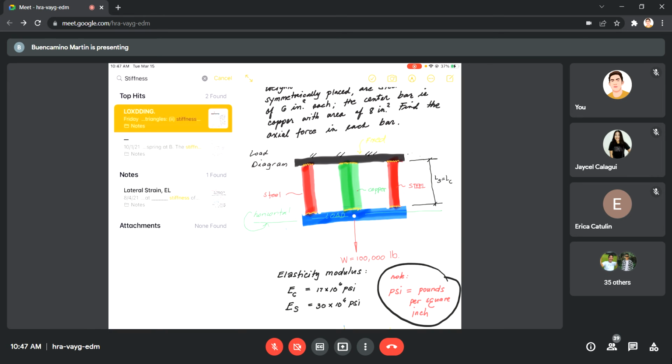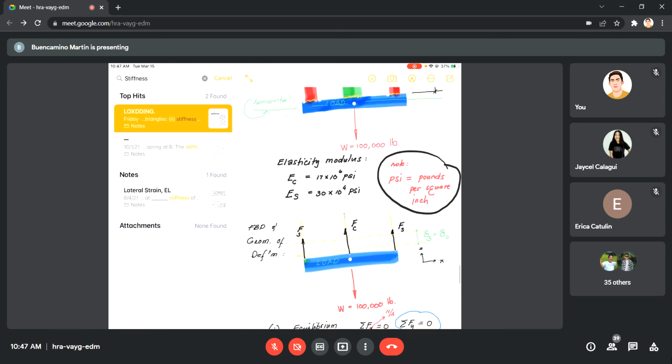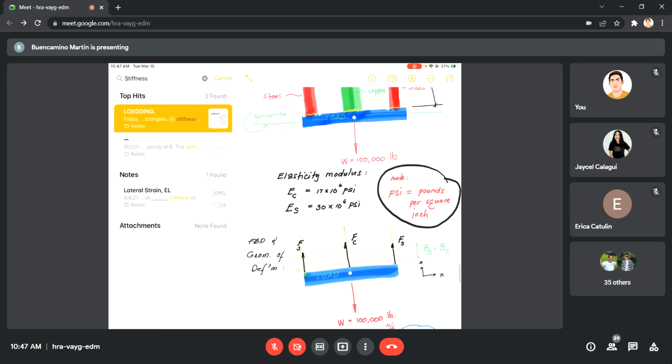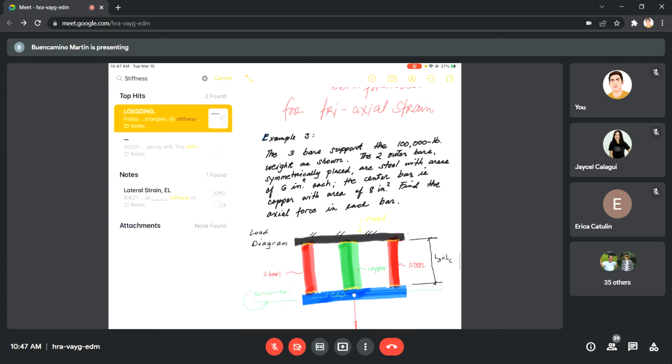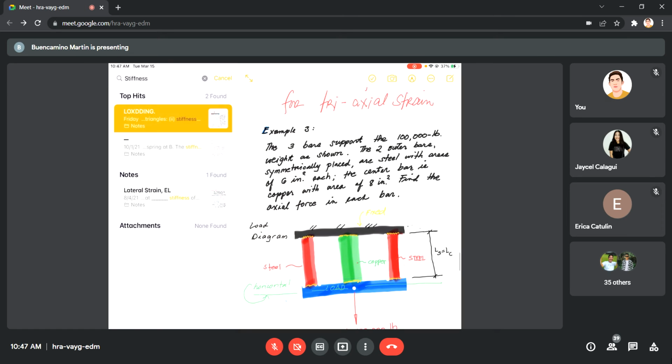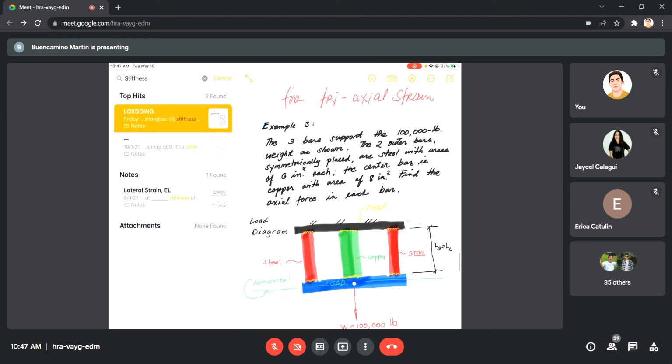Okay. Now, if we're going to draw the free body diagram of these three members, notice class that we have a resultant load that is vertically downward. And naturally, these three bars will experience some kind of stretching. Technically, ang tawag natin sa stretching na yun is naka-tension.